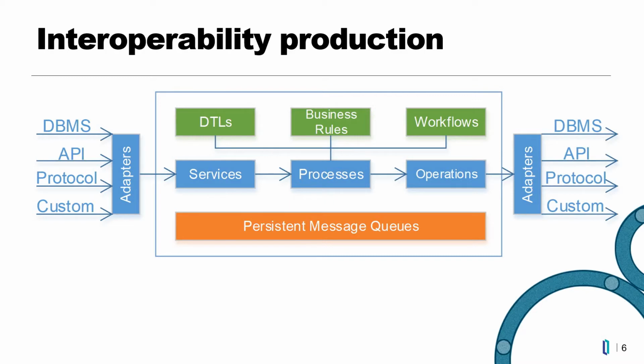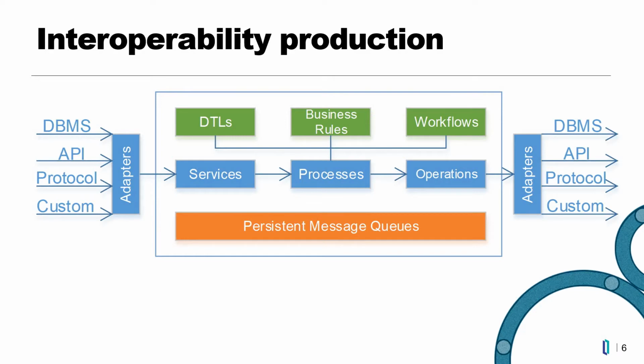We build integration productions by separating the concerns into three parts: services, processes, and operations. Services receive data from external systems. Operations send data to external systems, APIs, information systems, protocols, and so on. And processes do the control flow, orchestration, and contain the business logic.